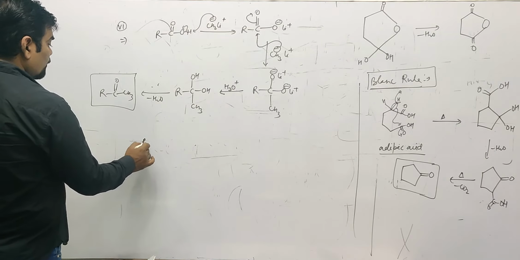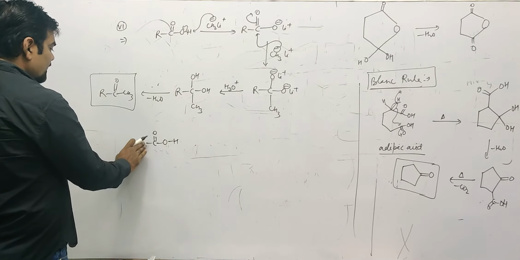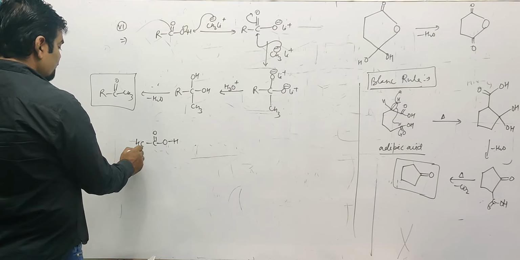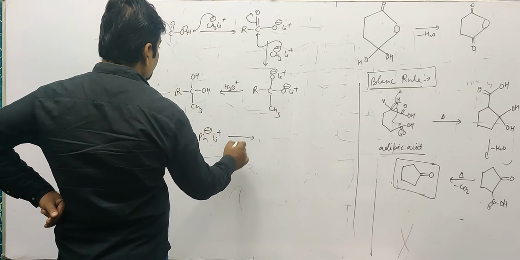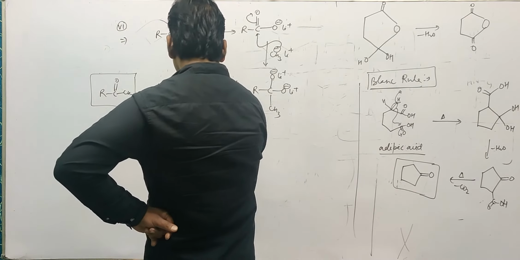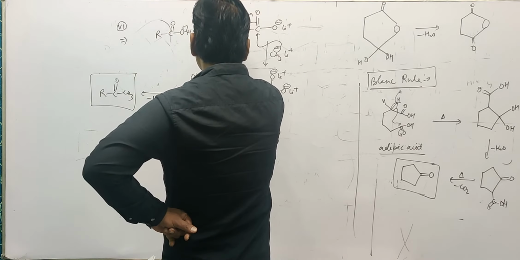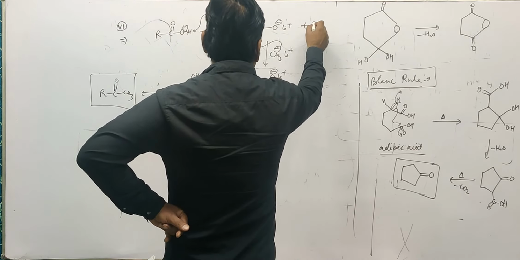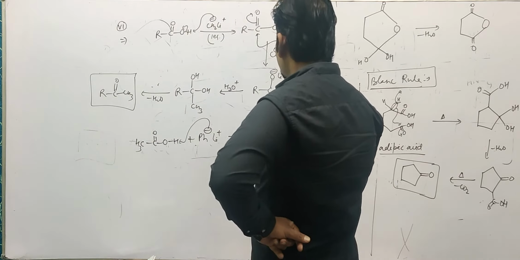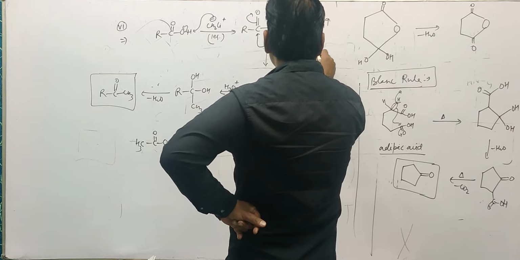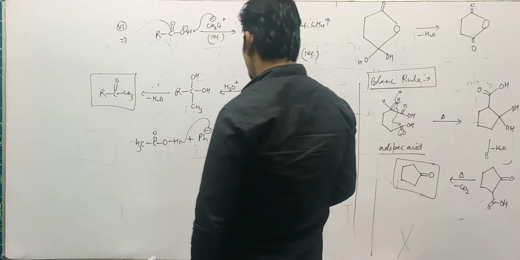Similarly, if we use RC double bond OH, let's say instead of R we have acetic acid, and we will use PhLi. So Ph minus, first of all, one equivalent is being utilized to liberate alkane gas. Another equivalent is required to do the reaction and convert them into the corresponding ketone.